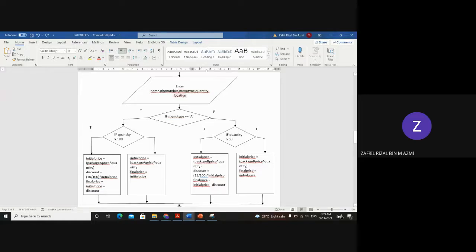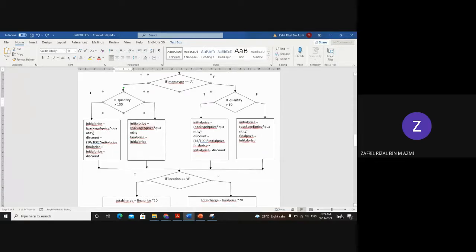Menu type, location. Okay, this is good. Menu type. You see, this is a decision, and inside of it we have another decision. Okay, acceptable. But if you have more than one equation, don't combine all equations within a single symbol.